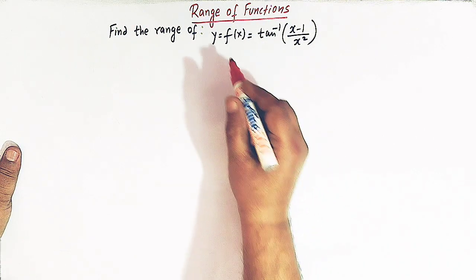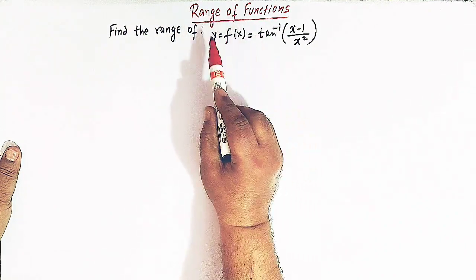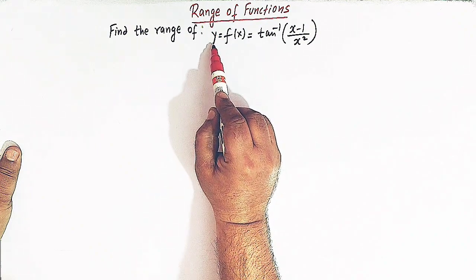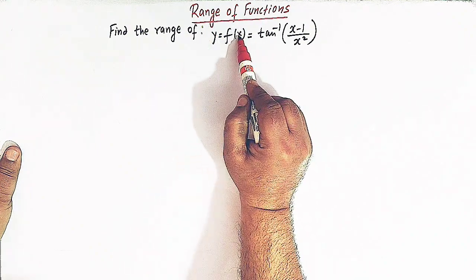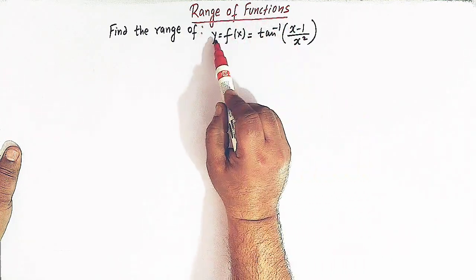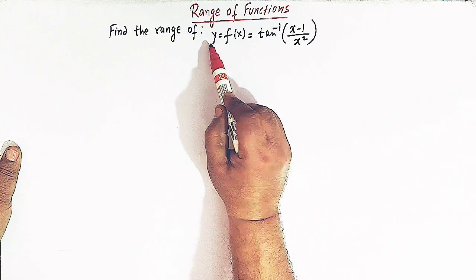Now to get the range of this function, we have to find the interval for y, because x is known as the domain and y is the range. So here we have to find the interval in which y belongs.